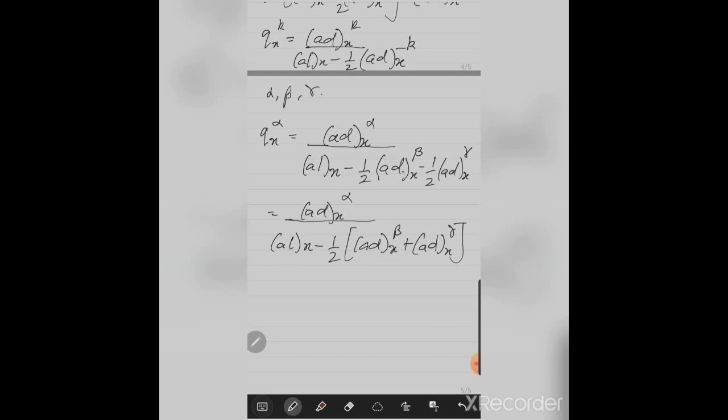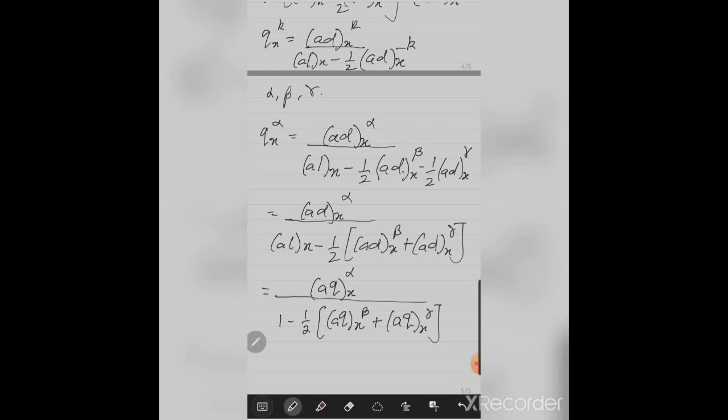If I divide this entire thing by alx, this will become aqx alpha divided by 1 minus, and then we get aqx beta, and this one we get aqx gamma.